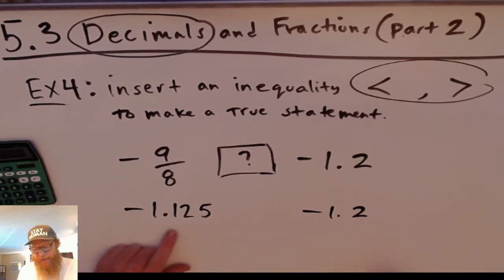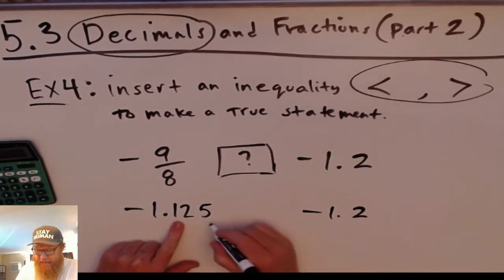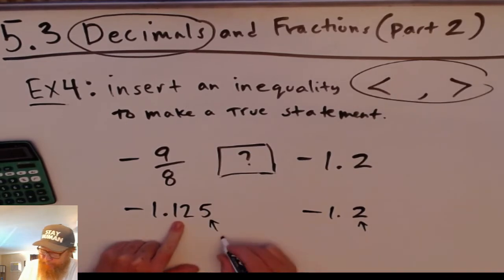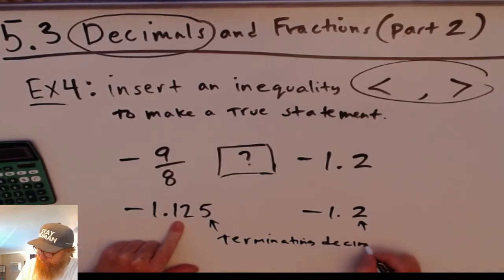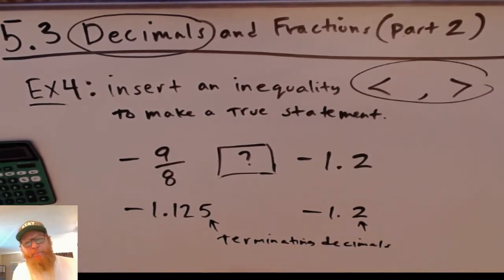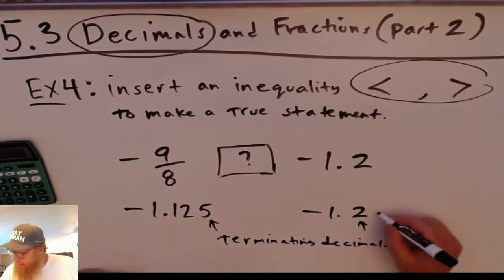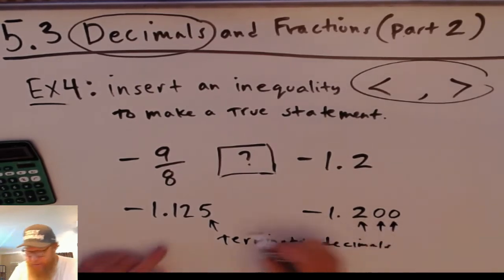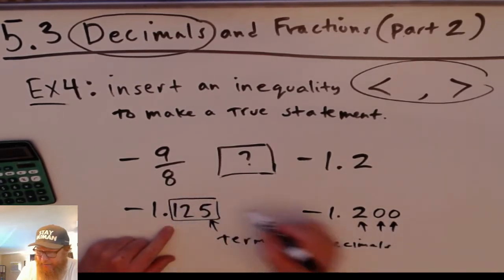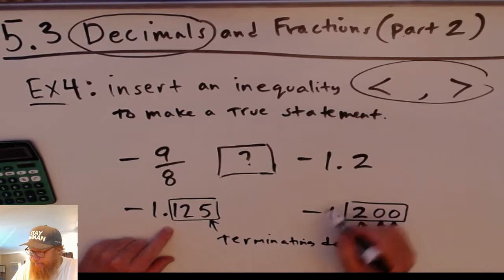Now, these are both terminating decimals. Neither one of them repeat. So one thing that's sometimes useful is to put some additional zeros here so that you can compare the size of the decimal part.